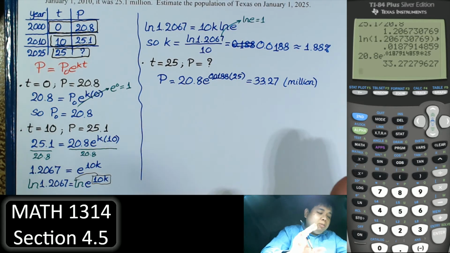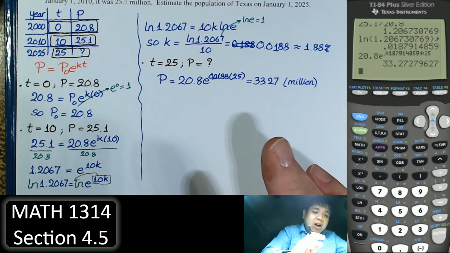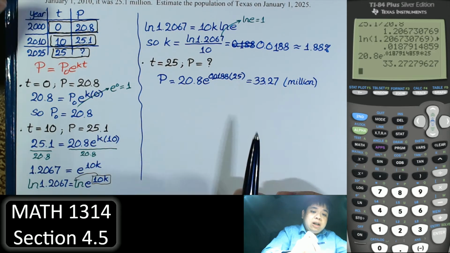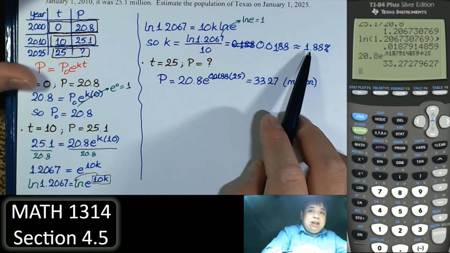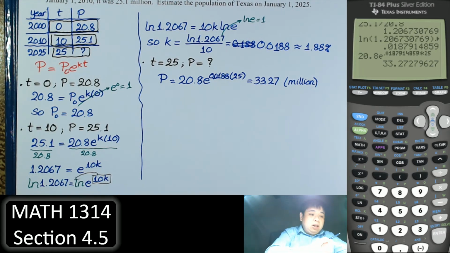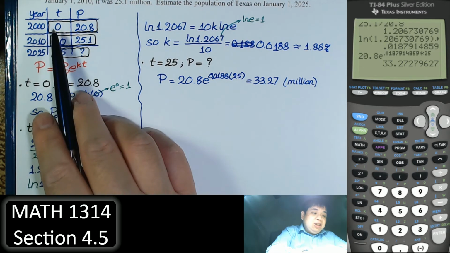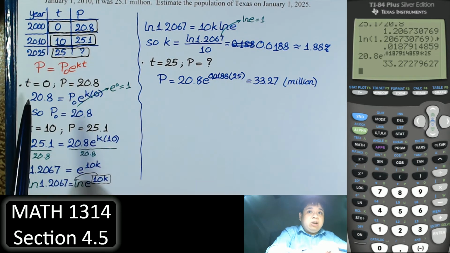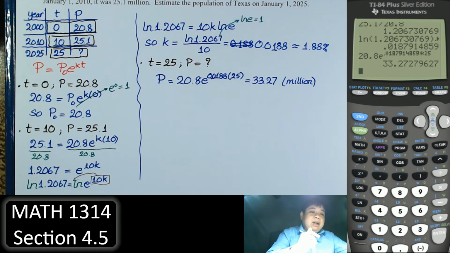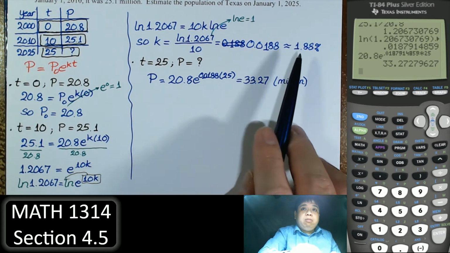Also, the point I tried to make earlier: this is a very big assumption that the rate is about 1.88%, the same for every time since 2000. And we know that is not the case. The population increase could be based on the weather, the economy, maybe there's more jobs here or there, so people move, so the rate will not be that constant.